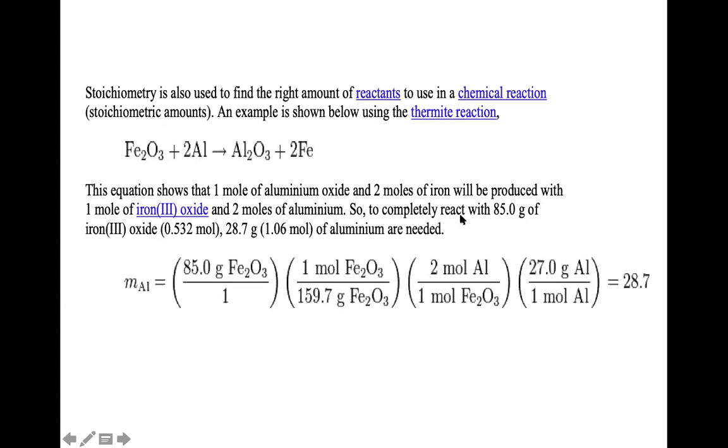So to completely react 85 grams of iron oxide, you can calculate using the molecular weights of iron and oxygen. So you need 28.7 grams of aluminum.